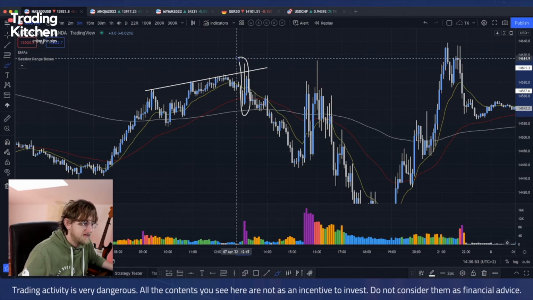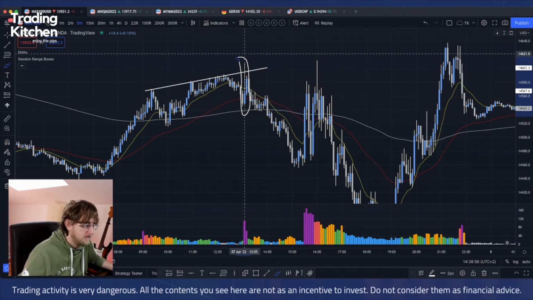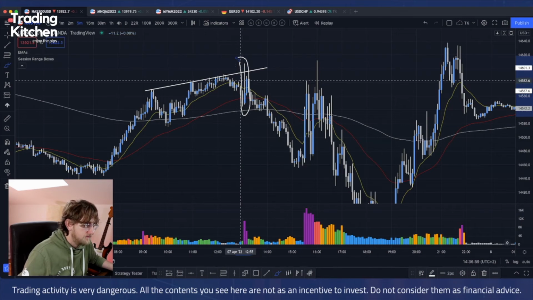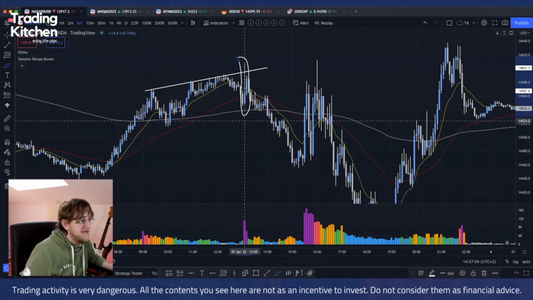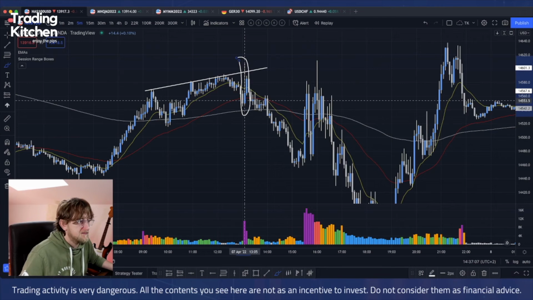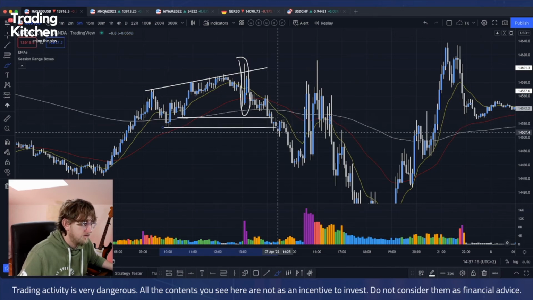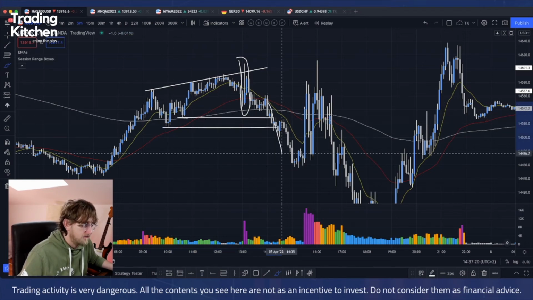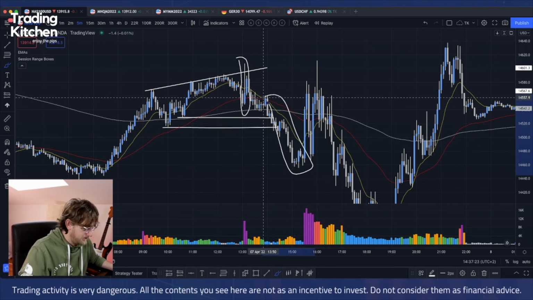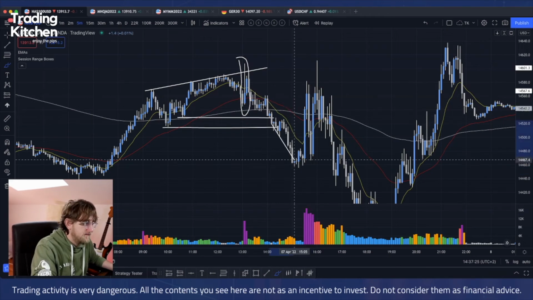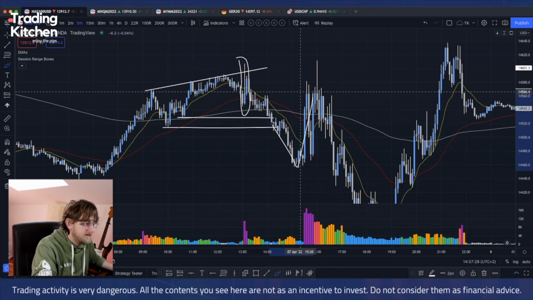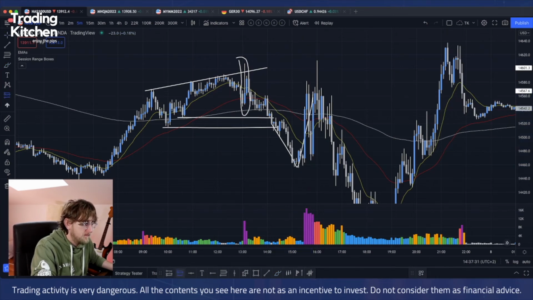This is a manipulation, quite before US opening, but this is pretty much clear. Huge rejection. We have to wait for the breakout of this structure, so the last buyer dominance. Price confirms that it wants to go short, and then we have to wait for our backtest to open a short.